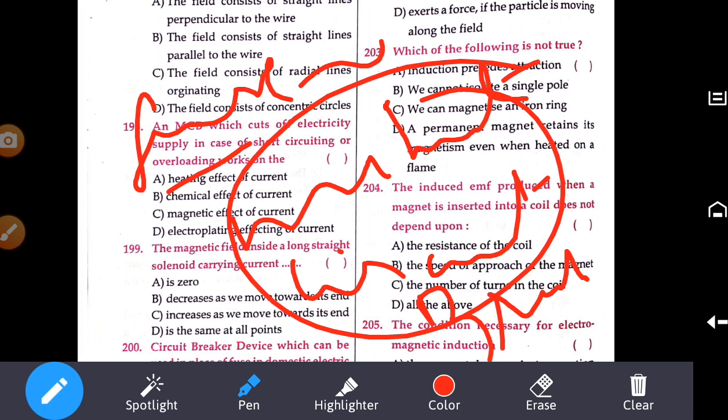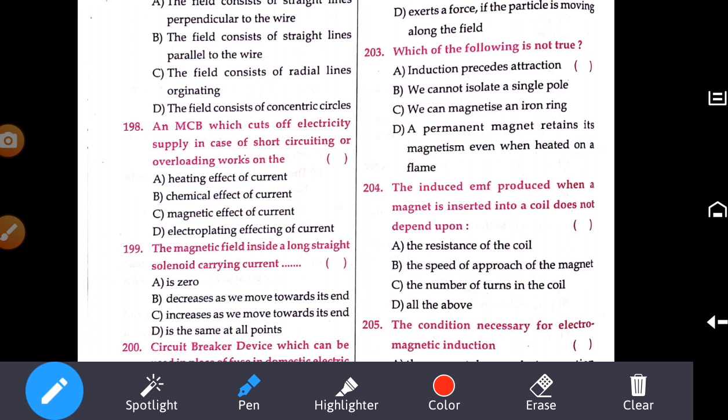But in the miniature circuit breaker, if overcurrent flows through the circuit, it automatically switches off. That is the advancement, and that is the reason nowadays the fuse is being replaced with the MCB. Based on the magnetic effect of current, option number C is our answer.